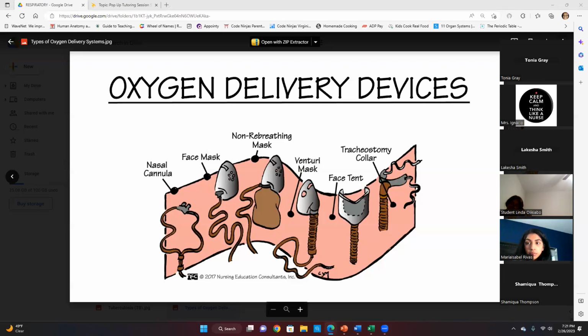Even though the patient may be able to breathe spontaneously, they may not be able to continue to do so because they may end up getting fatigued. So that's what SIMV mode means on a patient that is on a ventilator.